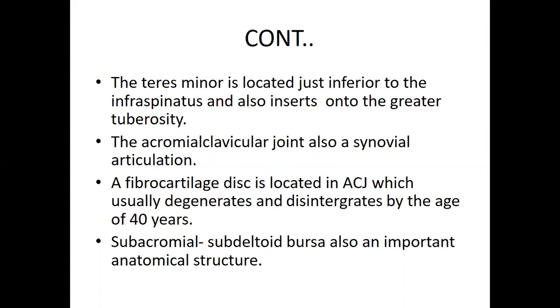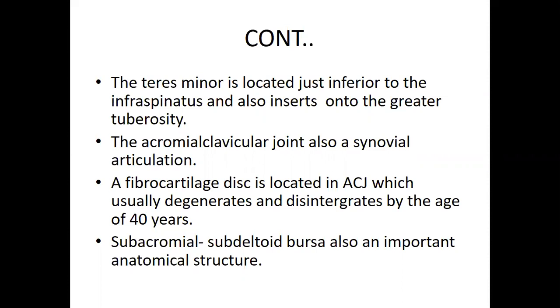The acromioclavicular joint also is a synovial joint, which is part of the shoulder girdle. This is formed by the clavicle, which is proximal, and the acromion. This is also very important in shoulder ultrasound. They form a fibrocartilage disc between the clavicle and the acromion, forming the acromioclavicular joint.